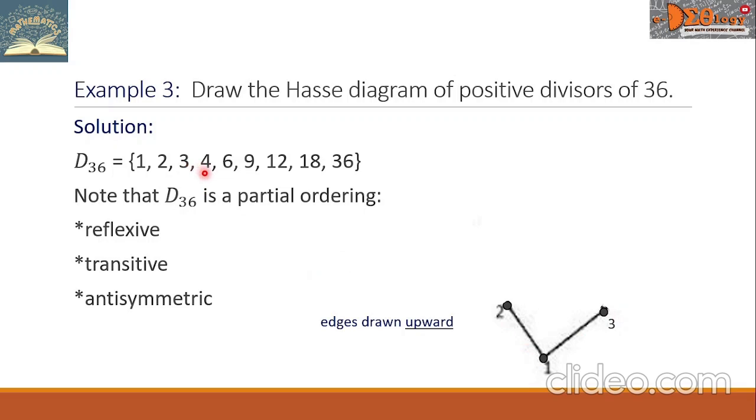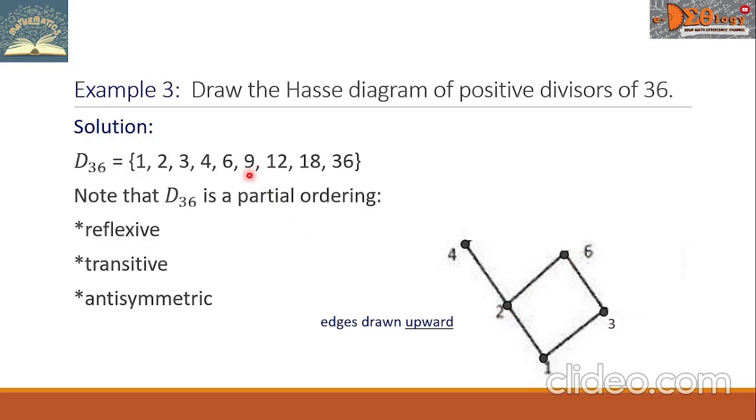Next element is 4. This 4 is connected to 2 because 2 divides 4. Next element is 6. The number 6 can be divided by 2 and 3 respectively. So we connect the dot 6 to the dots 2 and 3.